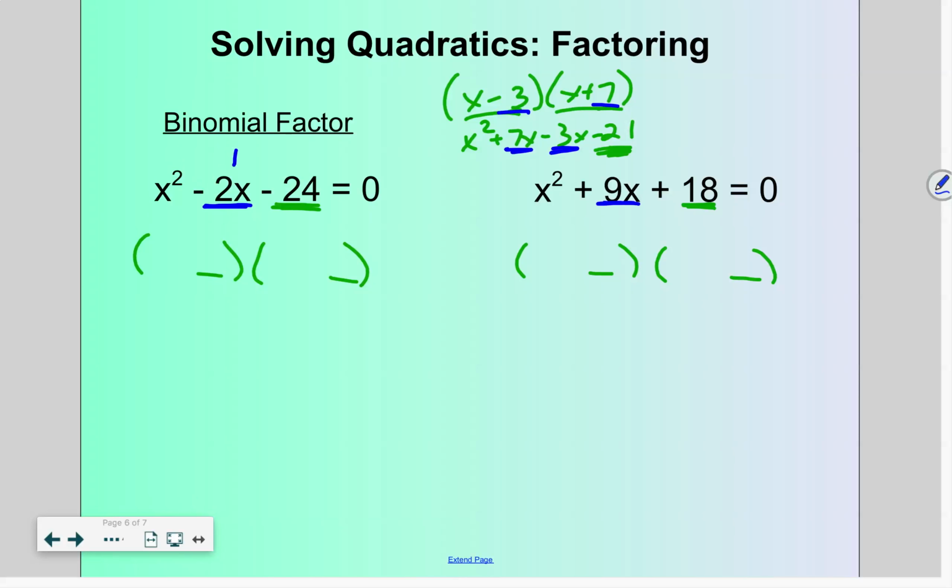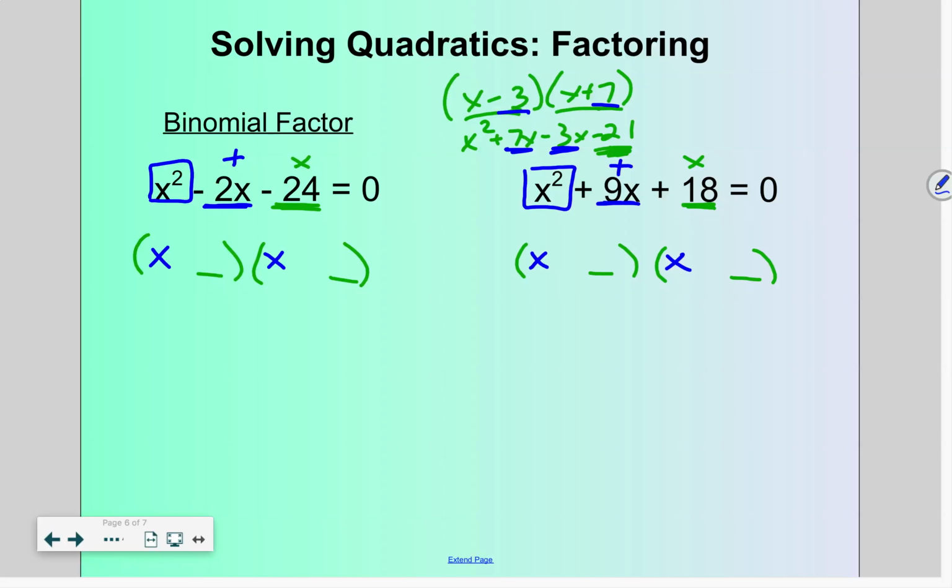So two numbers that add to the middle and two numbers that multiply to our C term. Of course, in order to get the x squared at the beginning of these, we need to have an x in each factor, so that the x times x gives us x squared when we FOIL it.